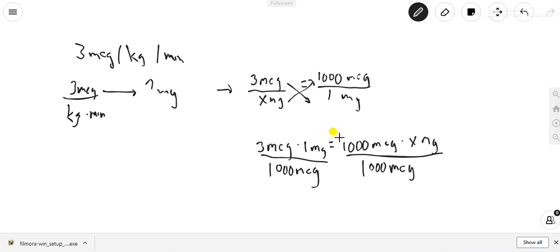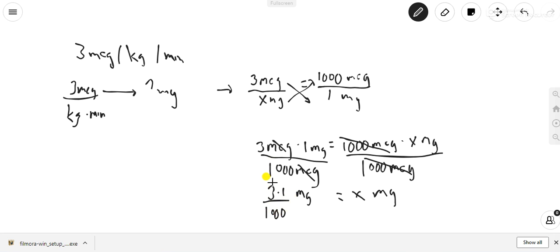And so the 1,000 micrograms cancels out here, leaving us with the right units, x milligrams, on the right side. And then the micrograms cancels out on this side, leaving us with 3 times 1 over 1,000 milligrams, which is the right unit on the left side.